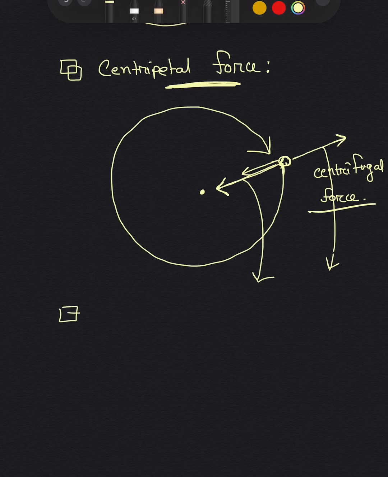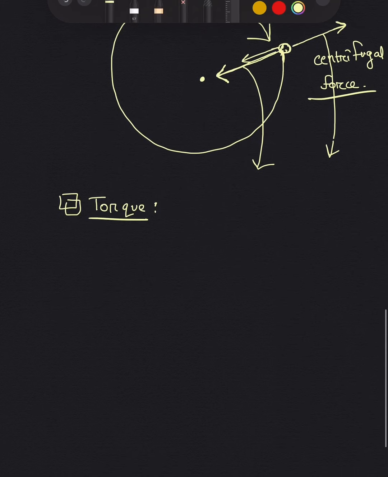Now coming to the fourth topic, which is torque. In order to understand torque, you need to take an example. Suppose this is a door. Whenever you push from here, the door revolves around a certain axis. So this is an example of torque.